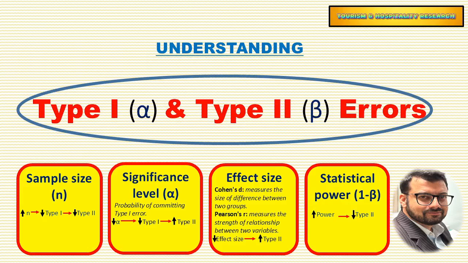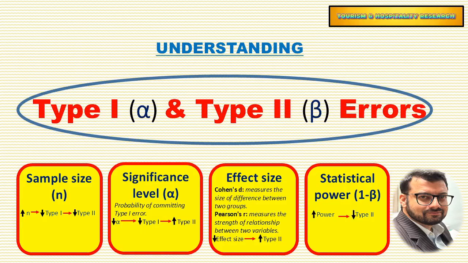So it is defined as the probability of committing type 1 error. So when significance level will go down, type 1 error will also go down. But type 2 error will rise, because type 2 error is beta.